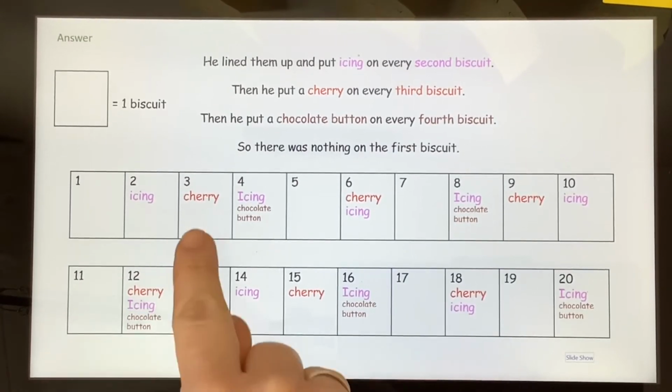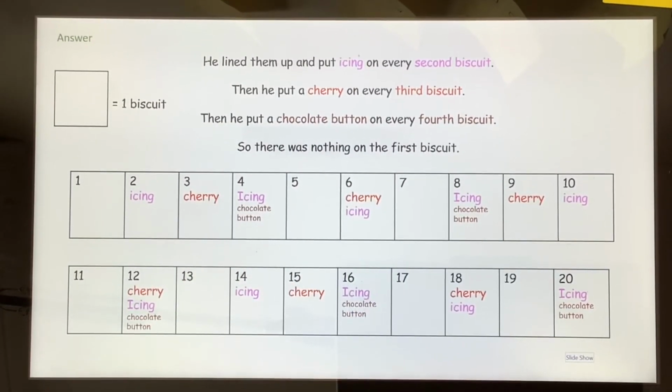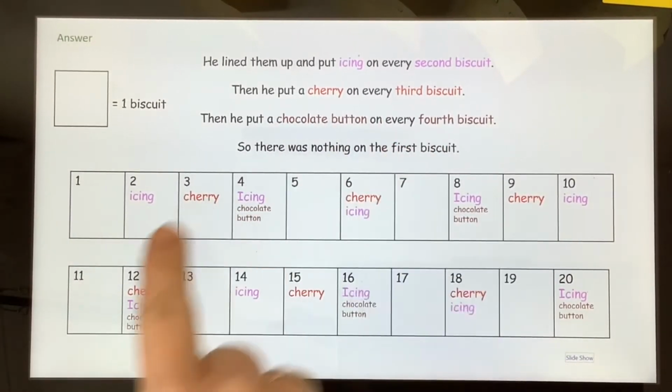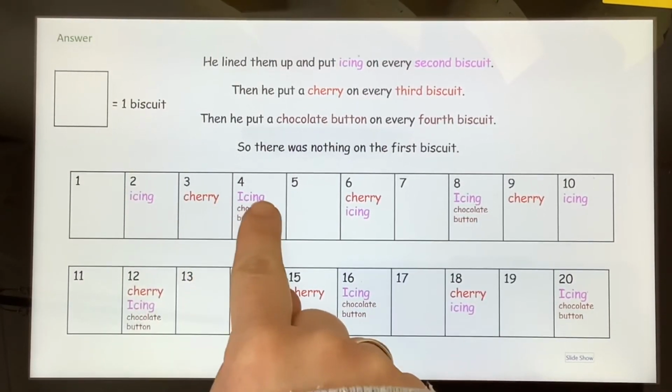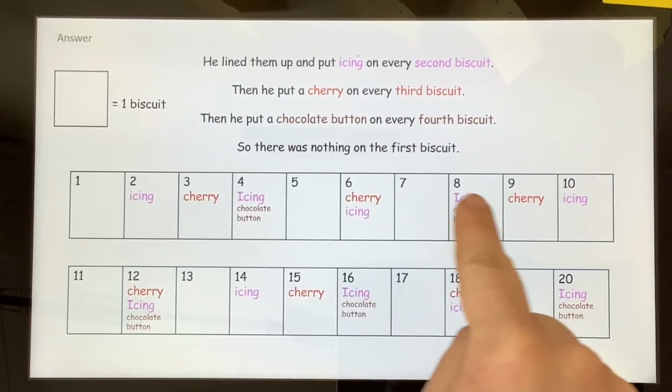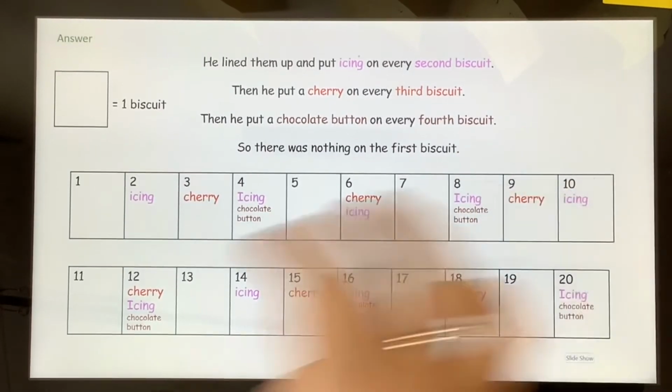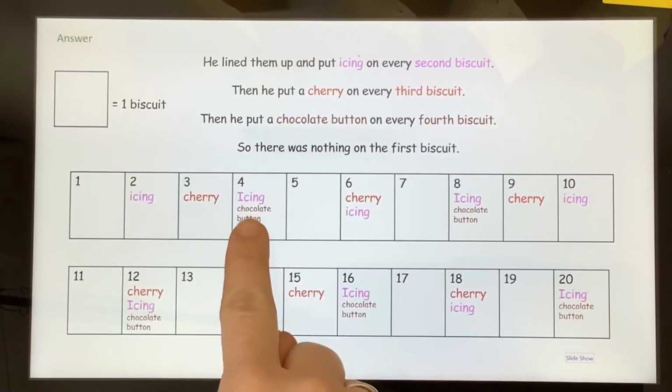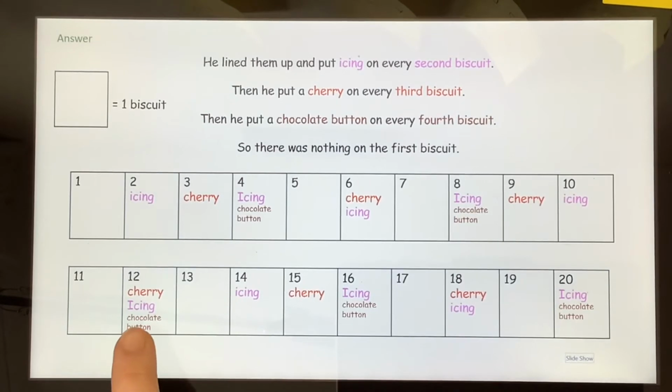We put a cherry on every multiple of 3. And because we are looking for every fourth biscuit for a chocolate button, we would have gone 1, 2, 3, 4, yes, etc. And you'll notice the chocolate button has gone on every number that is in the 4 times table, every fourth biscuit.